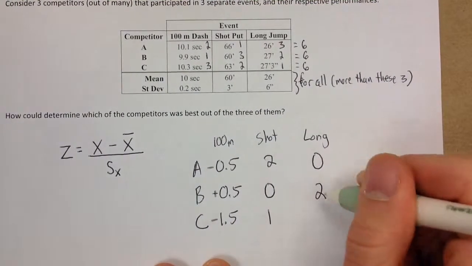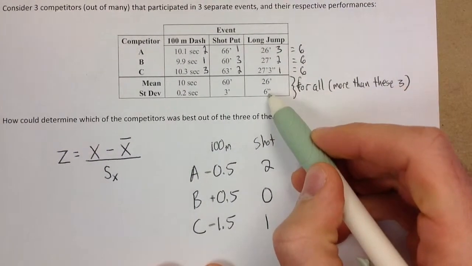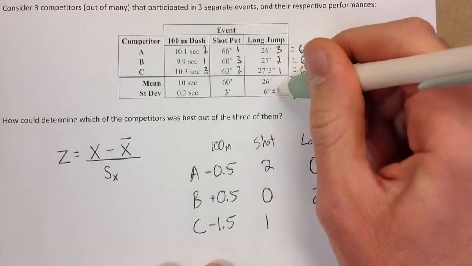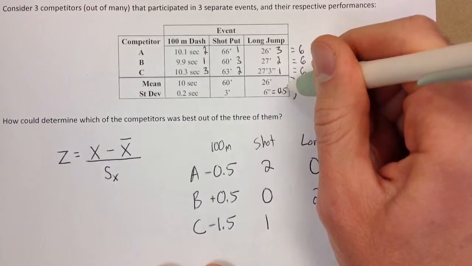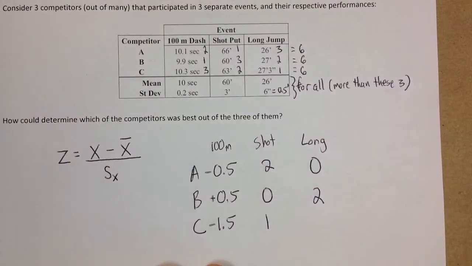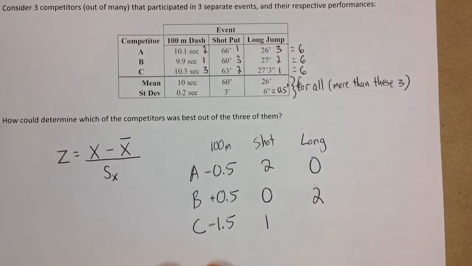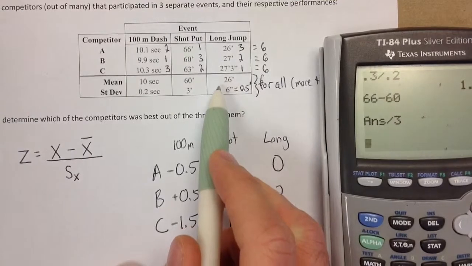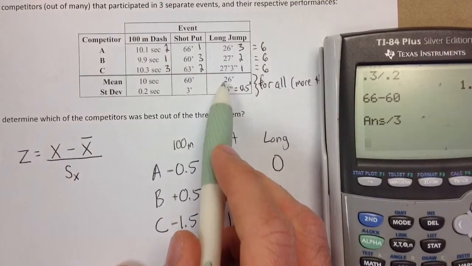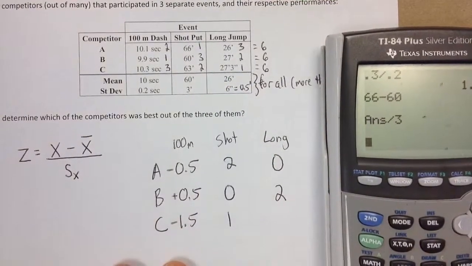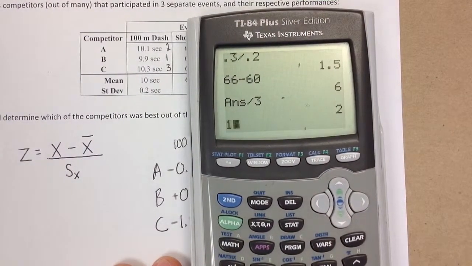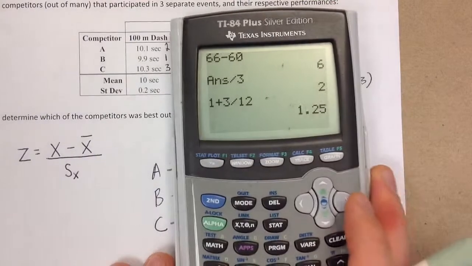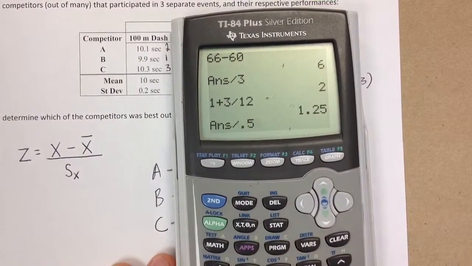Be careful with the units. The standard deviation units are inches, excuse me, and this is 0.5 feet. And then for competitor C, they were 1 foot 3 inches above the mean, or 1.25 feet above the mean, and then we divide that by half a foot because that's the standard deviation.